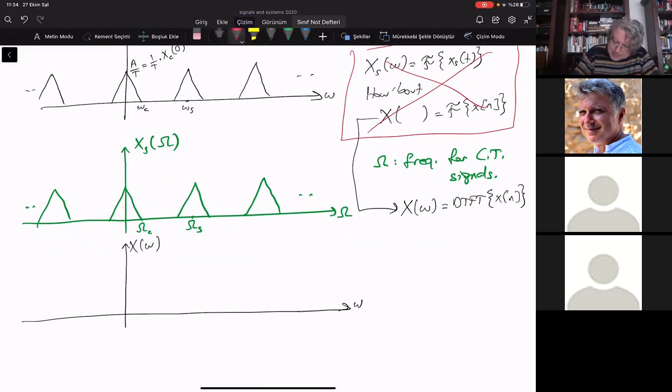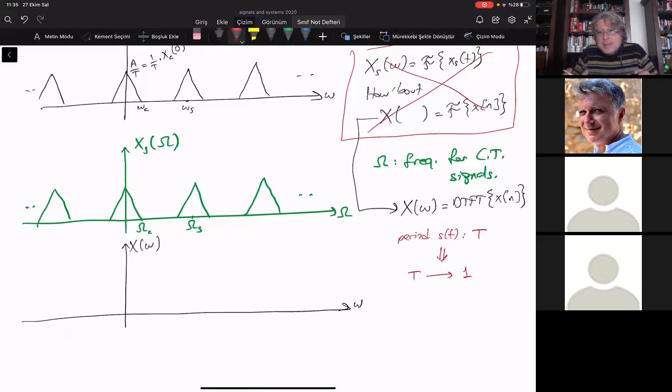You must keep this in your mind. The period of s of t was capital T, because that's the period of the impulse train. But on the n axis, we are making every T equal to 1.